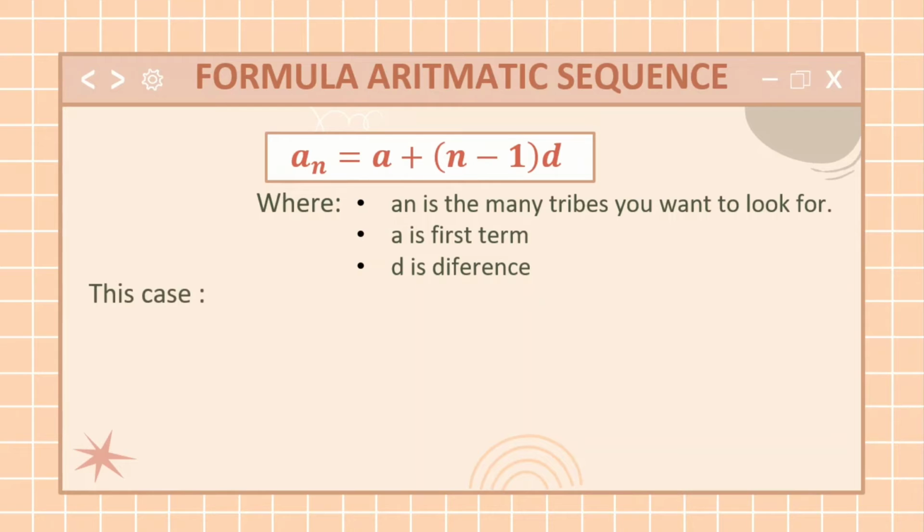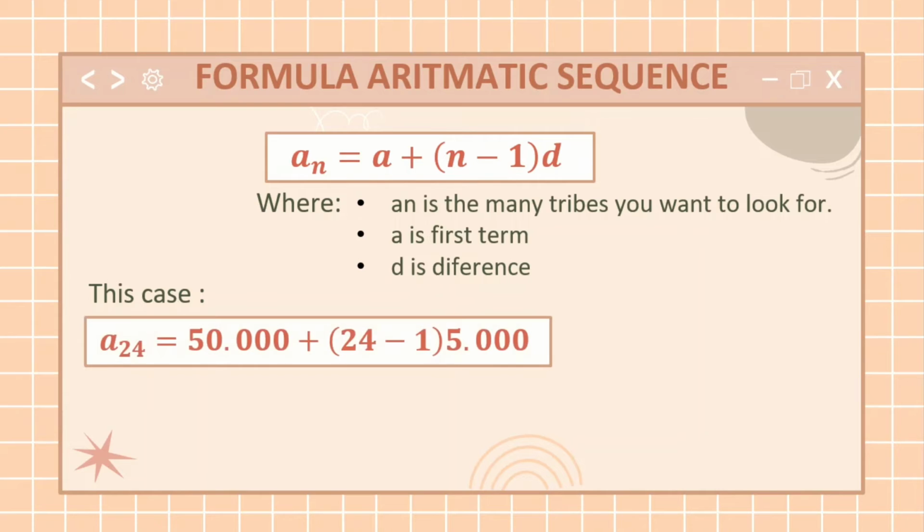In this case, An is A24, a is 50,000, because the money saved in the first month is 50,000, and d is 5,000. Then, we directly enter the formula. A24 equals 50,000 plus 24 minus 1 times 5,000. A24 equals 50,000 plus 23 times 5,000.